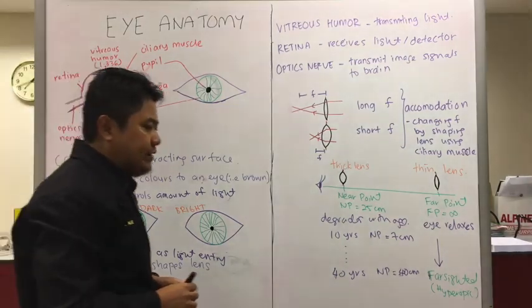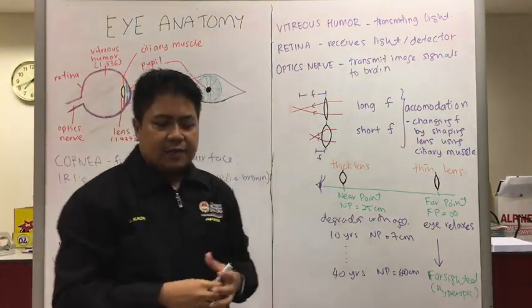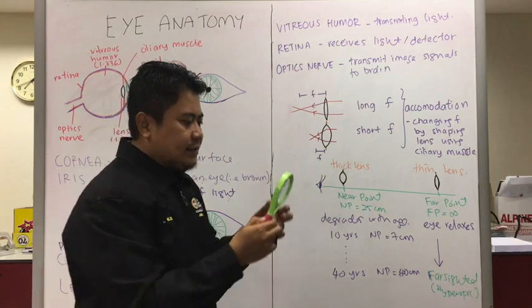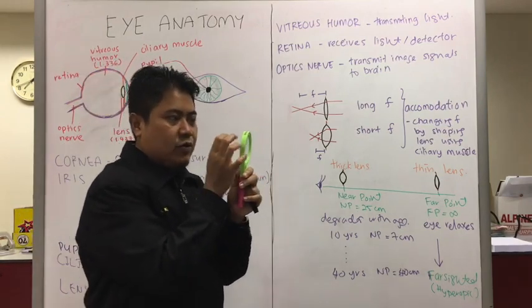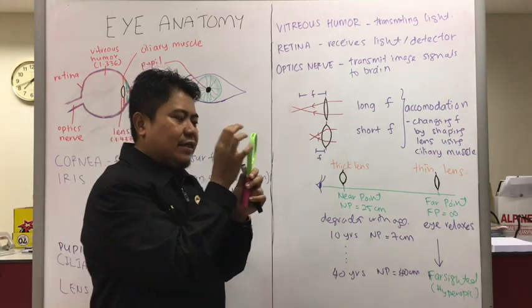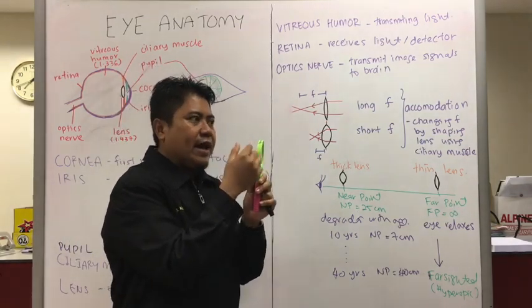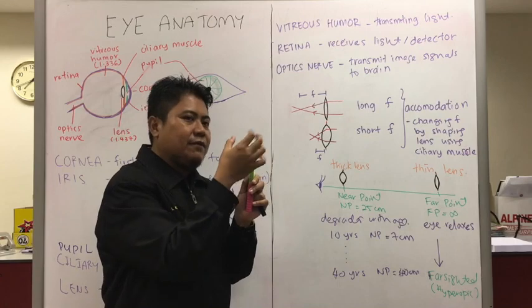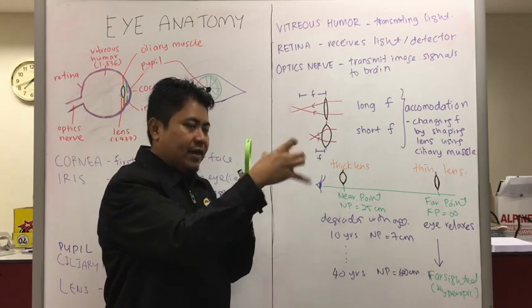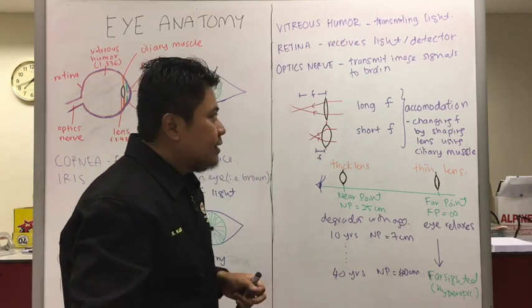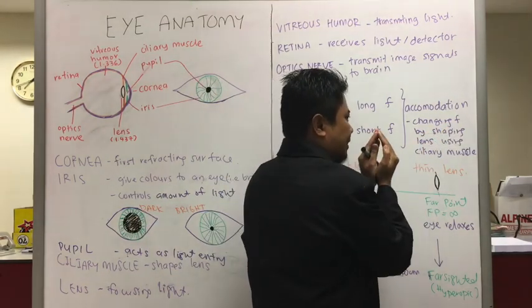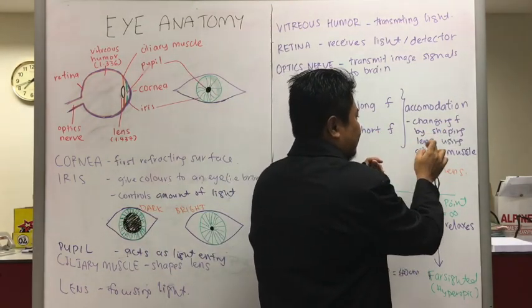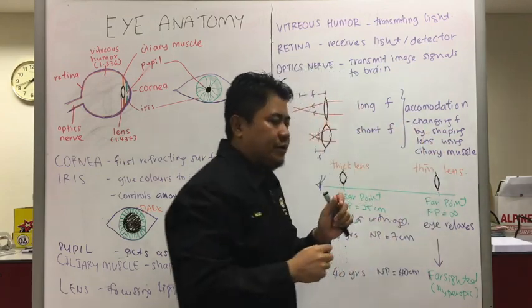Alright, so how do we see an object? Because our lens is not fixed like this, it needs to change its thickness. When we change the thickness of the lens, we have an adjustable focal length f. The process of changing focal length by shaping the lens using the ciliary muscle is called the accommodation process.